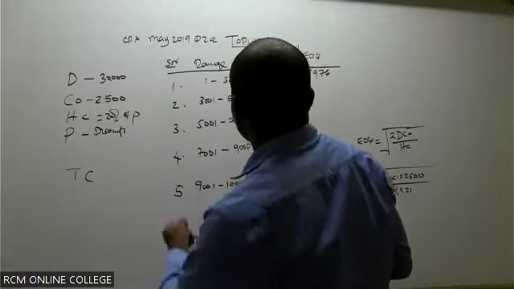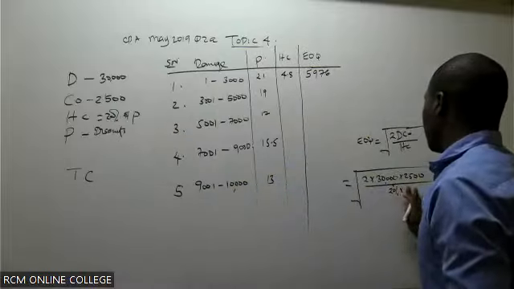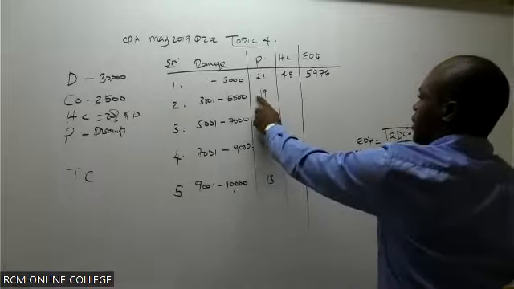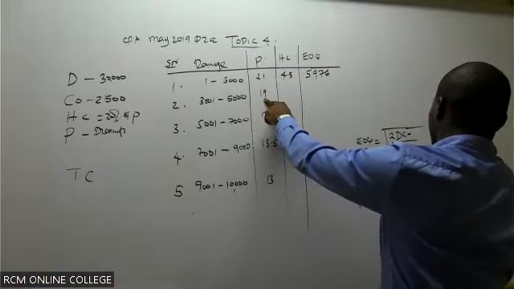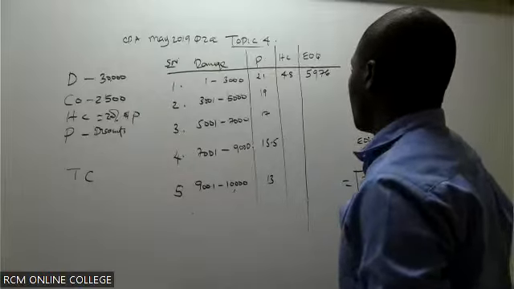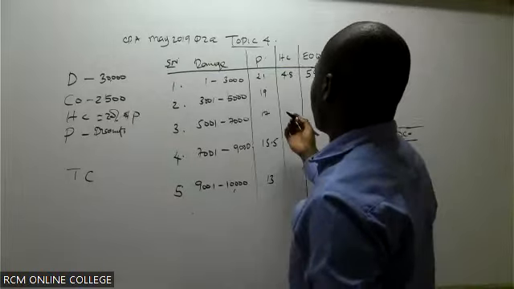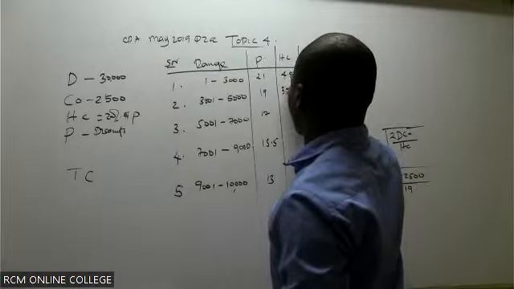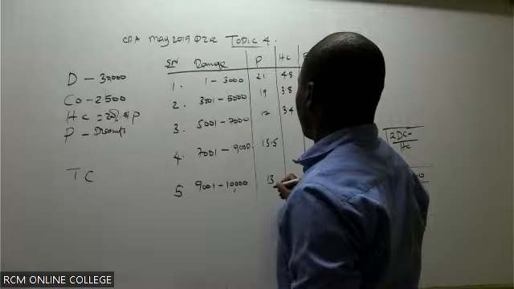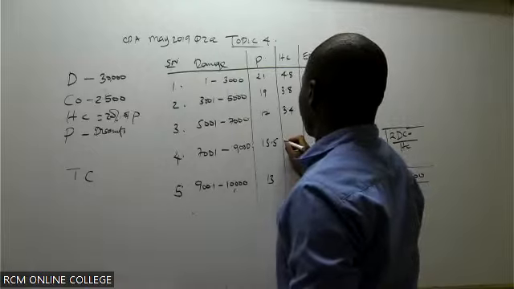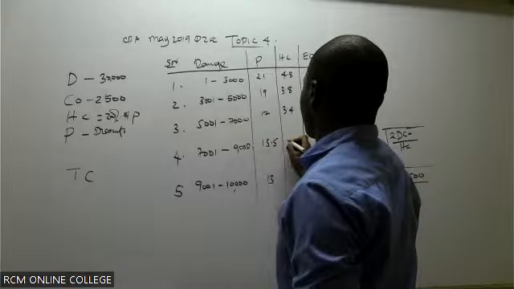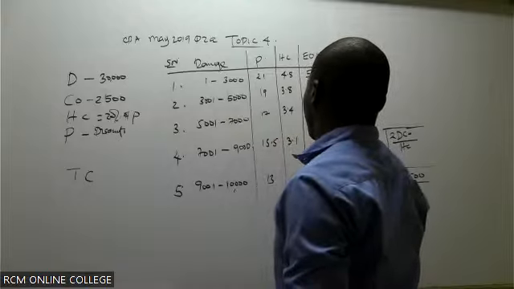Good. How about the second one? So I just come here and replace it with 19. So 0.2 by 19. Are you getting 3.8? Are you getting 3.4? This one here will be 3.1.